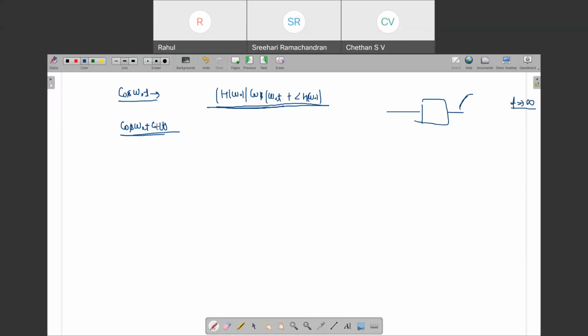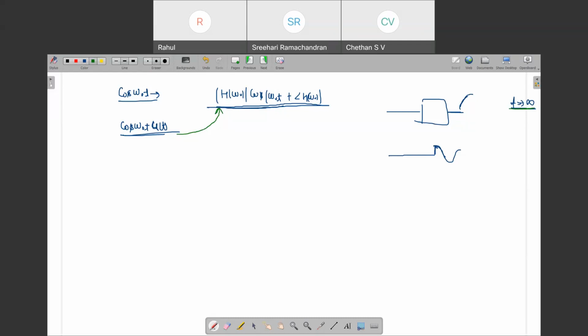Because of the multiplication by u of t, we don't have the cos before t equal to 0. So when you suddenly apply this cos signal, you will not immediately get the cos signal at the output. You will have some transient response, some kind of settling. I think this might be covered in control systems. It will have some settling time, and as t tends to infinity it will settle to this final value.